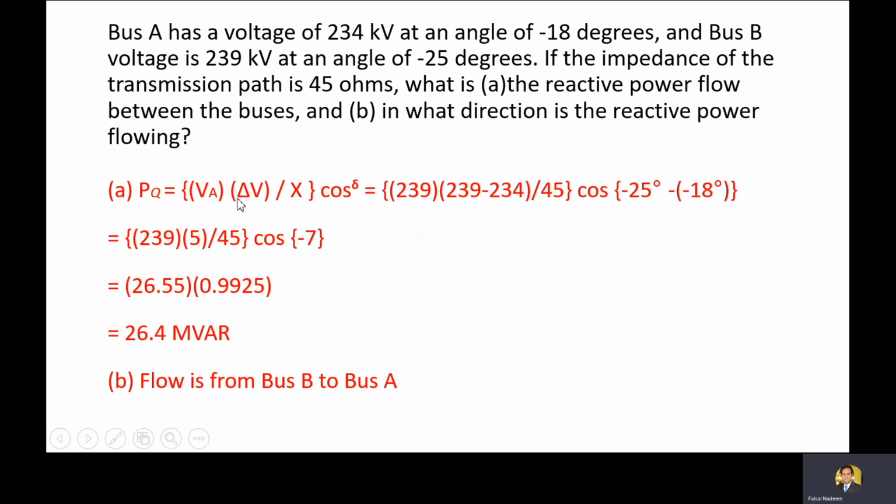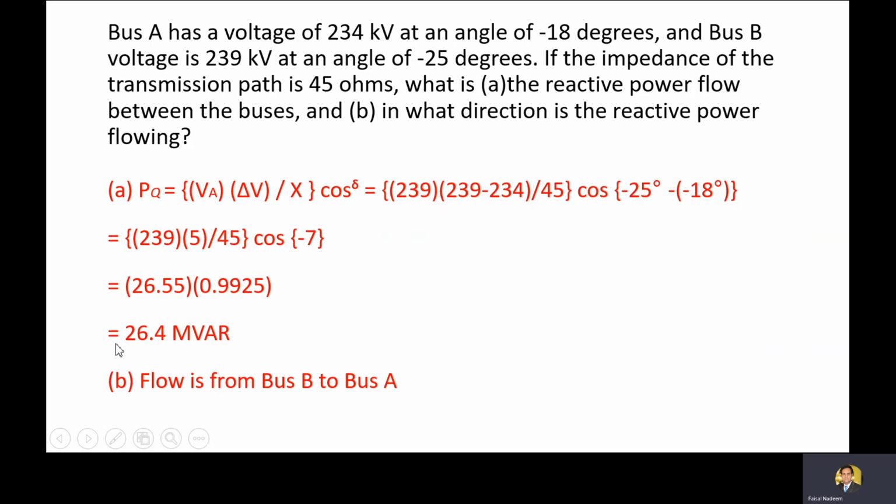We can write 239 × (239 − 234) / 45 × cos(−25° − (−18°)). Solving this, we have 239 × 5 / 45 × cos(−7°), and after solving with the help of a calculator, we have a value of 26.4 MVAR.